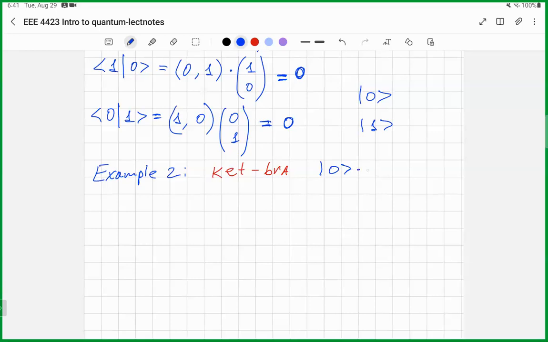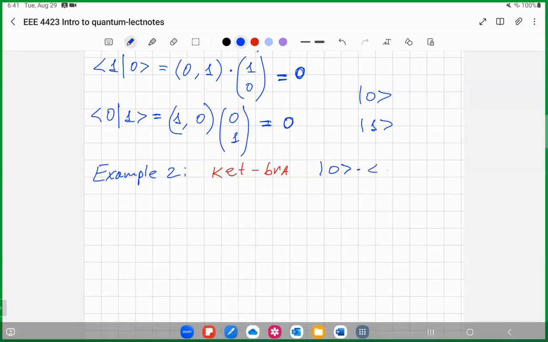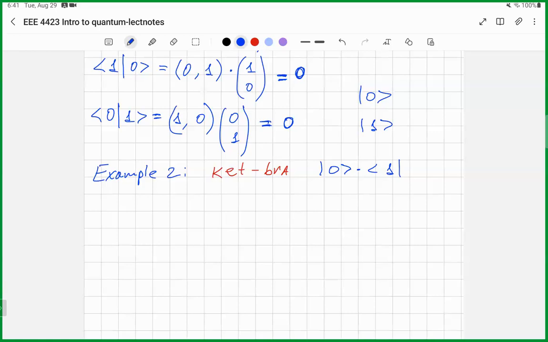Something like this times for the cat, and something like this for the bra. So what is this in that case? I write my cat 0 times my bra 1.